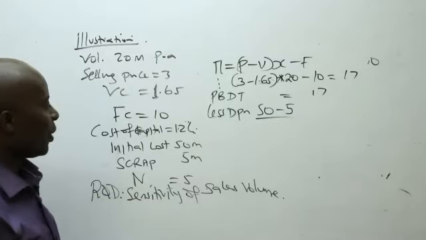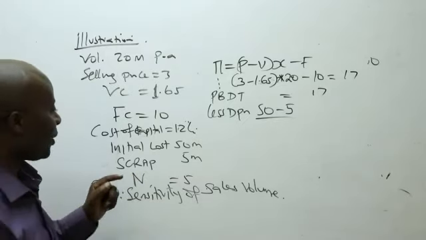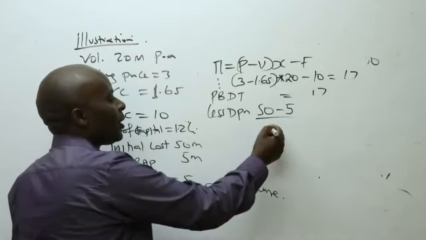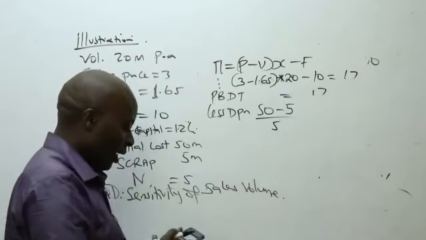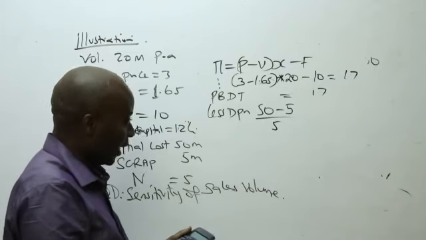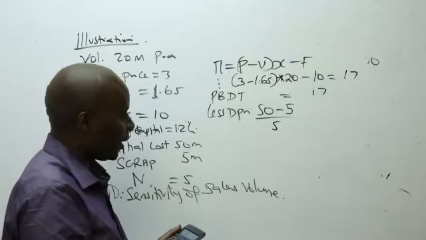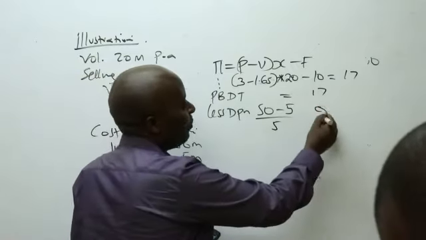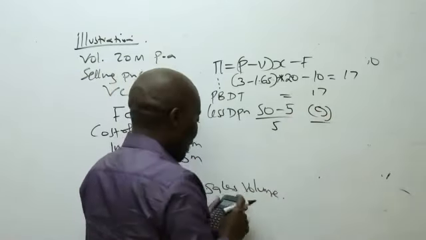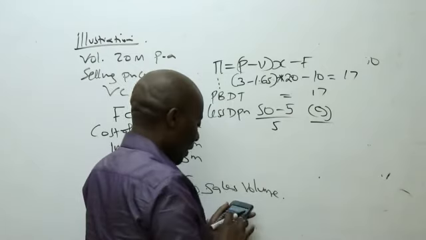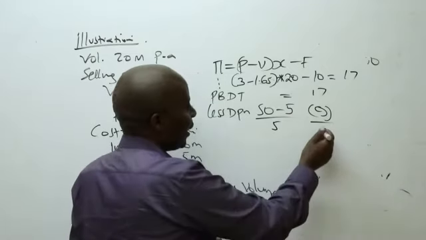Great. So we have 50 minus the scrap, which is 5. Divide this by what here? By 5. So what do we have? We have 50 minus 5 divided by 5, which gives me 9. So less depreciation, 17 minus 9, which will give us 8.